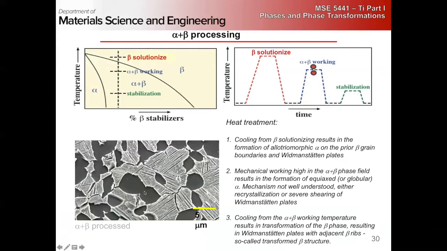And the mechanism by which this occurs is still not really understood.